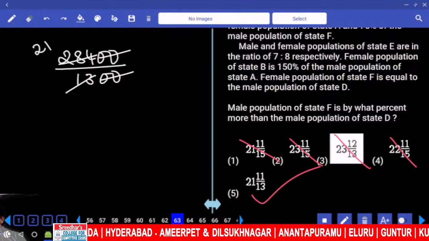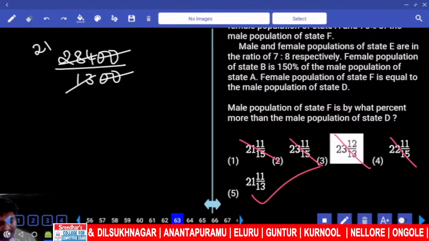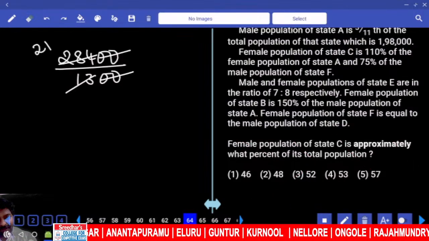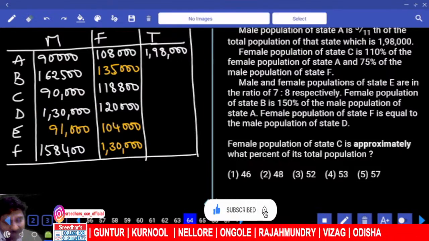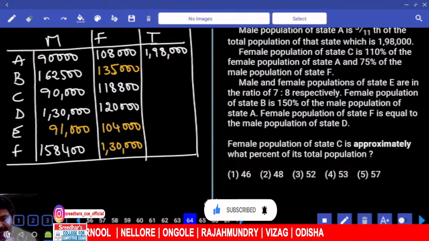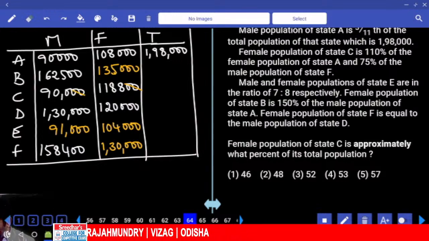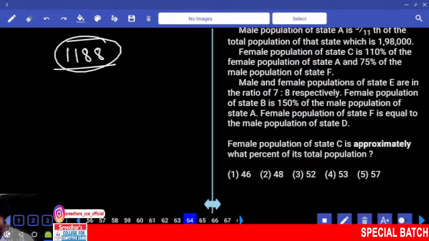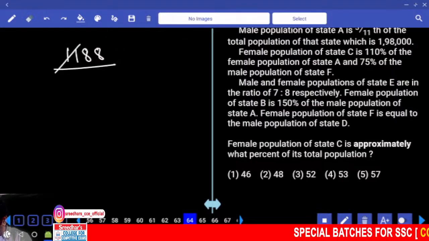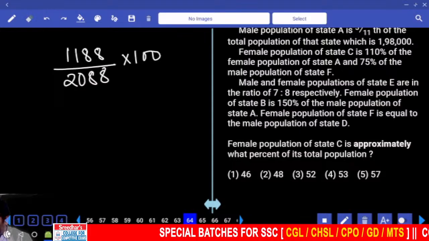Look at the denominator. Our denominator is 13. Female population of state C is approximately what percent of its total population? Female population of state C. See, look, don't consider last 2 digits because they are zeros. With respect to total, to this we have to add 900, right? 1100, 900 and 88. 2088 into 100, correct?